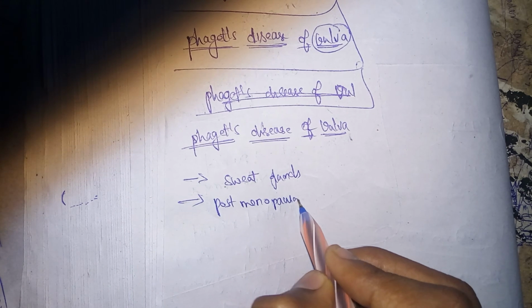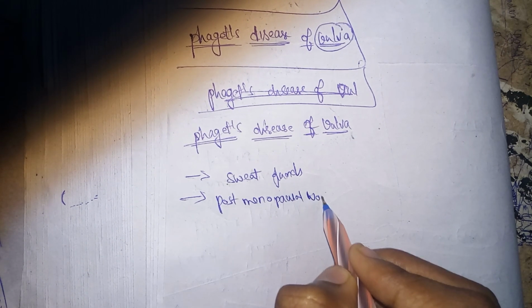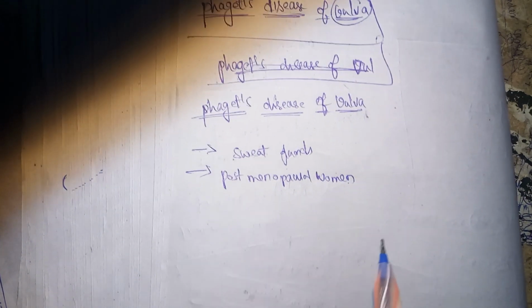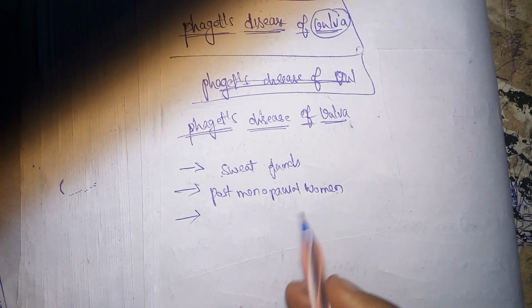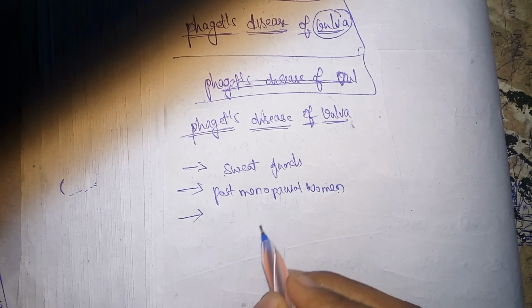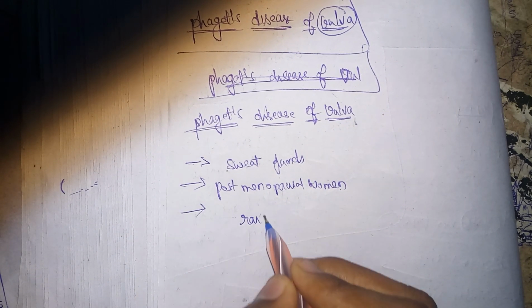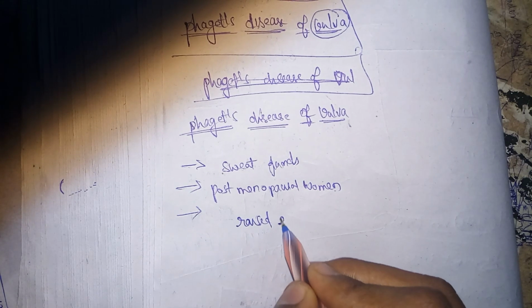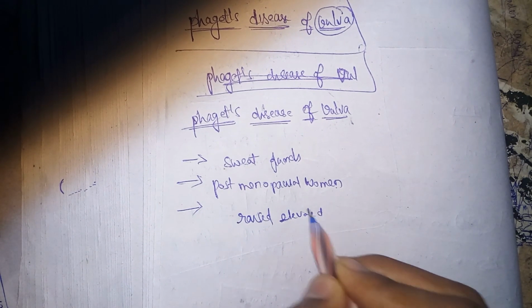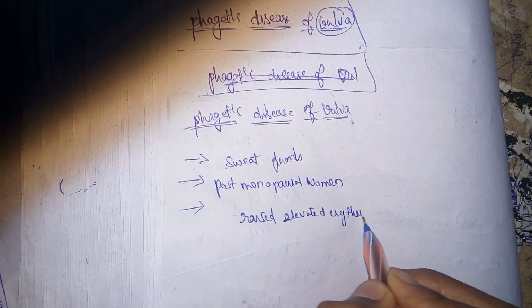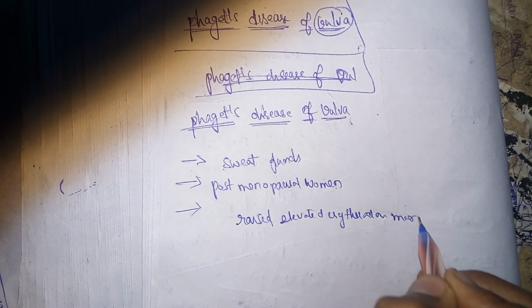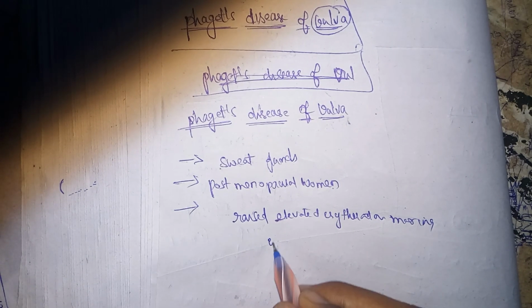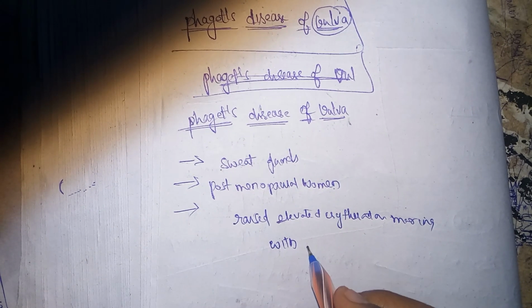Postmenopausal women, right? So what we see in this Paget disease of vulva is, on the vulva you will see elevated erythematous margins with central islands of epithelium.